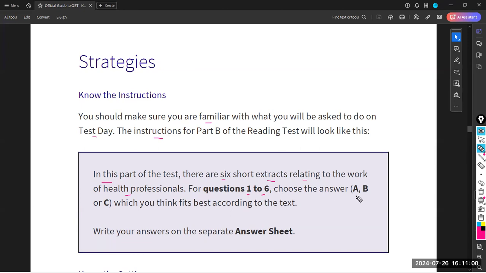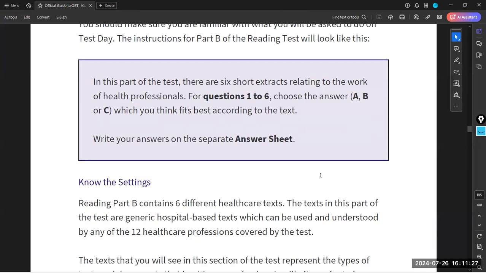We have to choose the best answer, A, B, or C. We have to be careful about the kind of question, whether it is about purpose or about detail, for example, to be able to select the correct answer. So which fits best according to the text. We have to write our answers on the answer sheet.